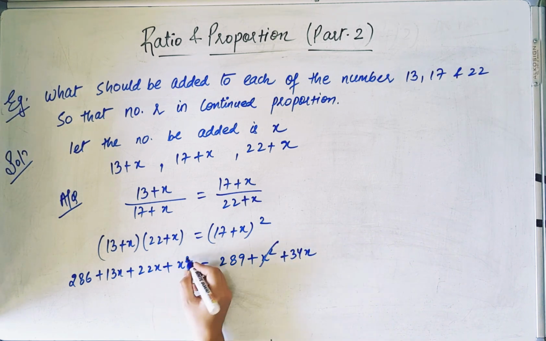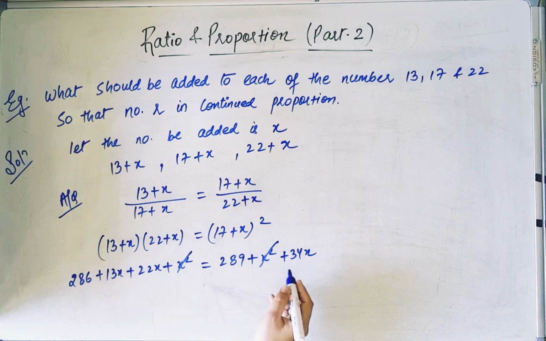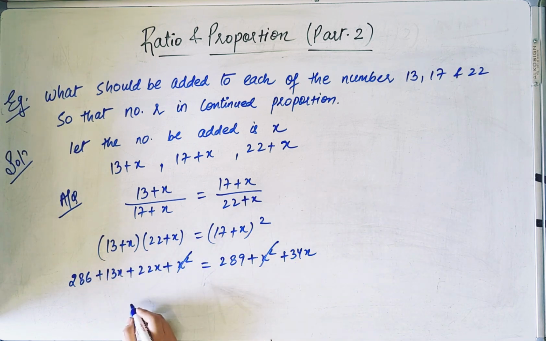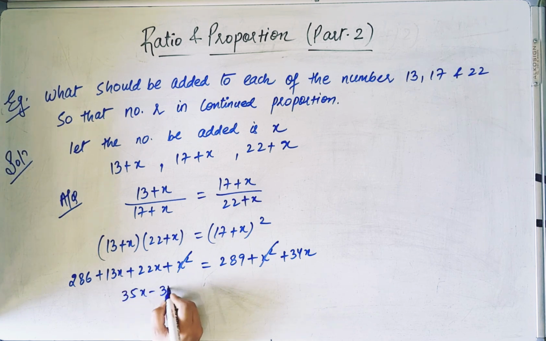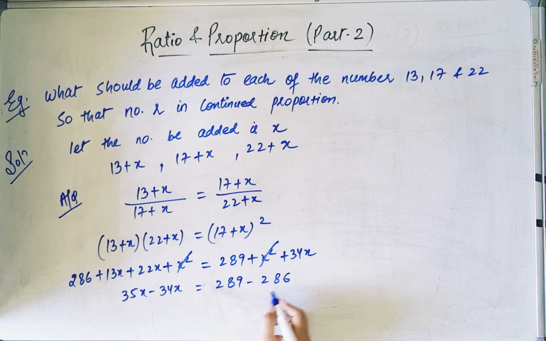This x square and x square will get cancelled and this will be added. So we'll shift this 286 to that side and bring 34x to this side. 35x minus 34x equals 289 minus 286.